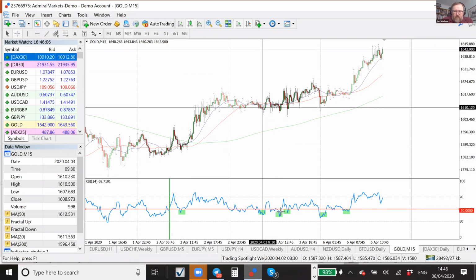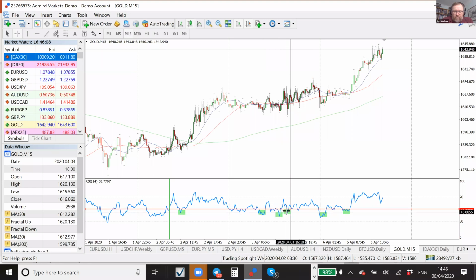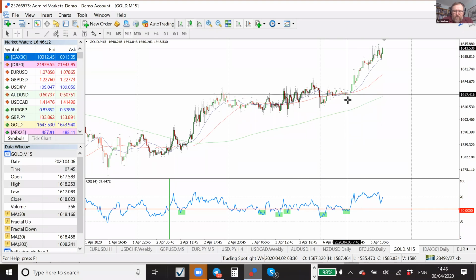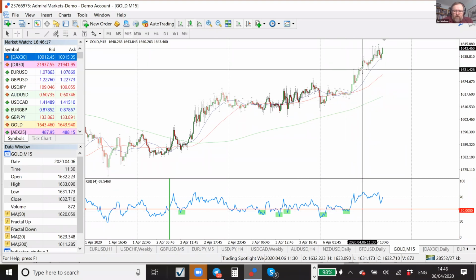The RSI comes back below the 50, and when you ally that with price action rejection candles, that gives you an opportunity to get on board the trade. In this case, you're buying pullbacks in the dominant trend.